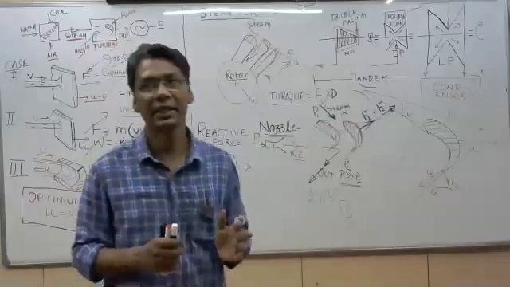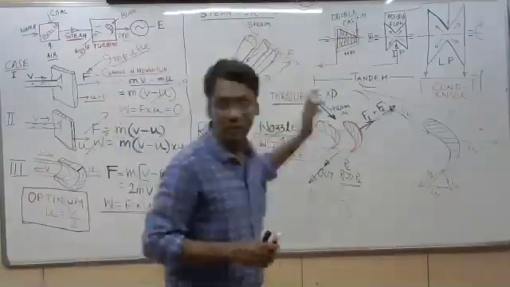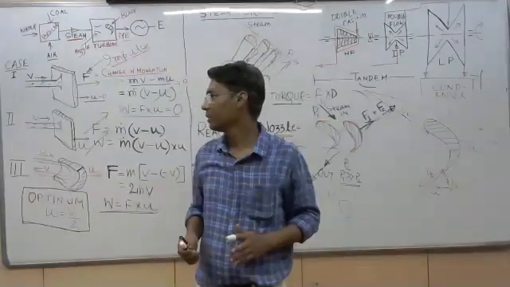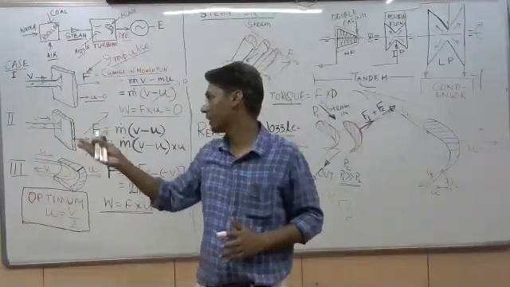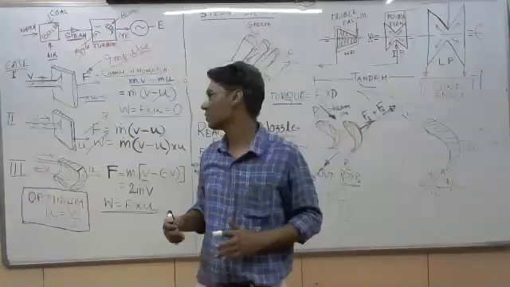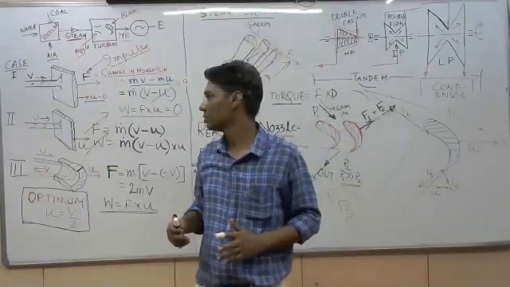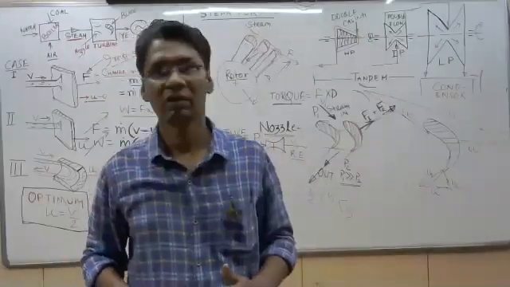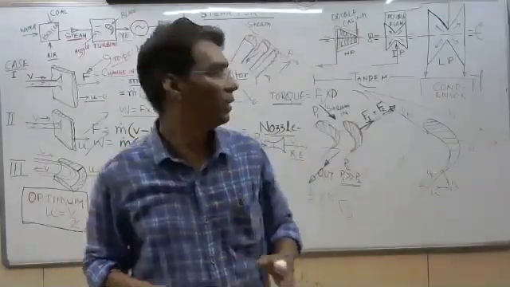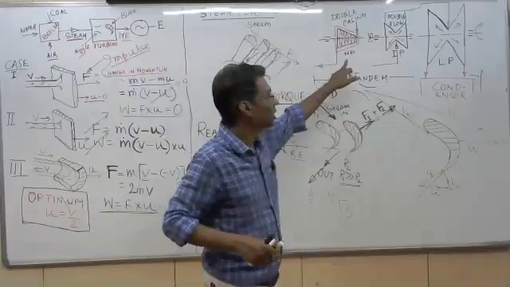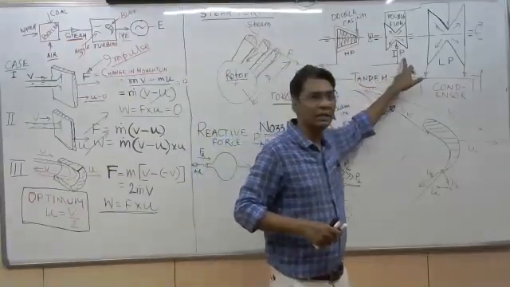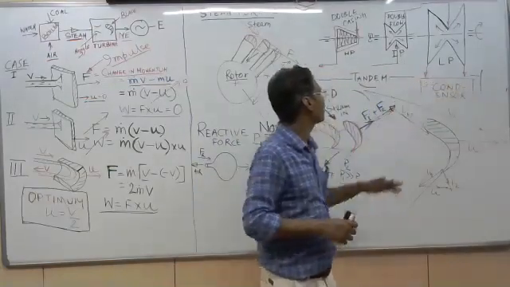So there are 3-cylinder turbines: HP cylinder, IP cylinder, and LP cylinder.